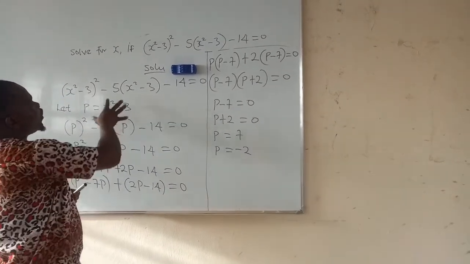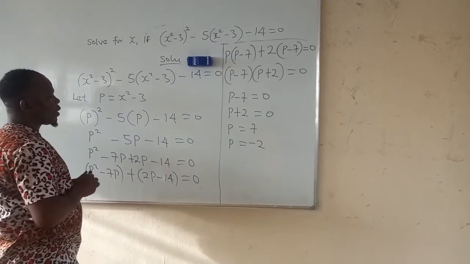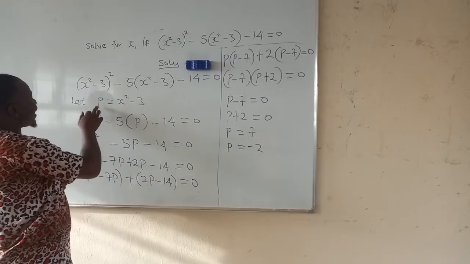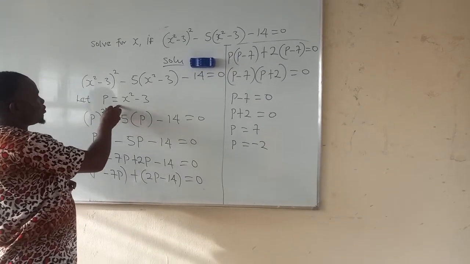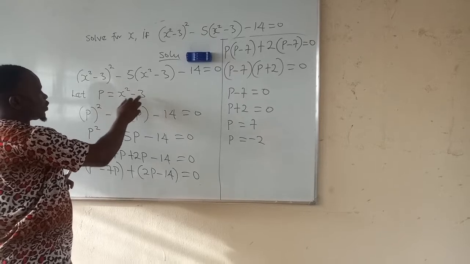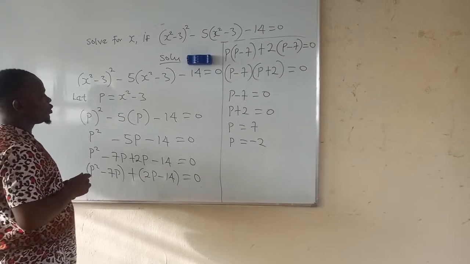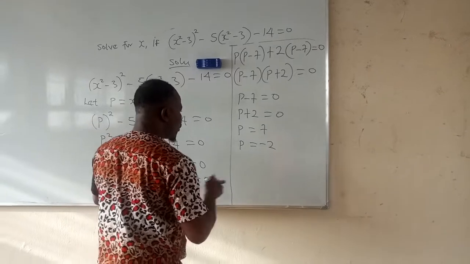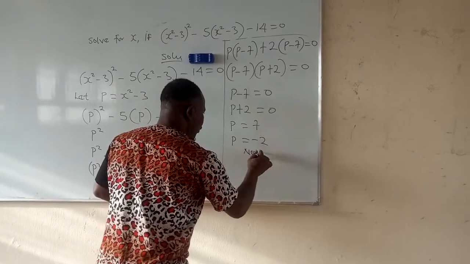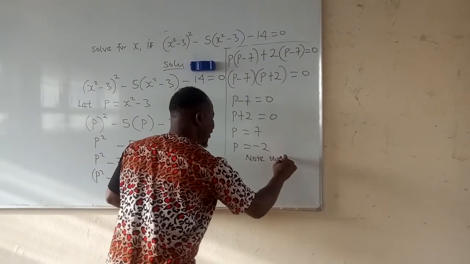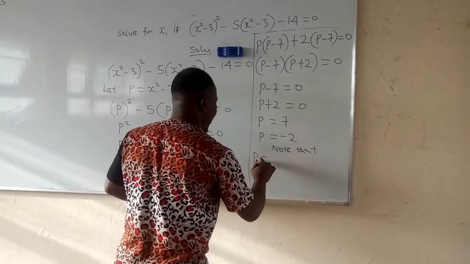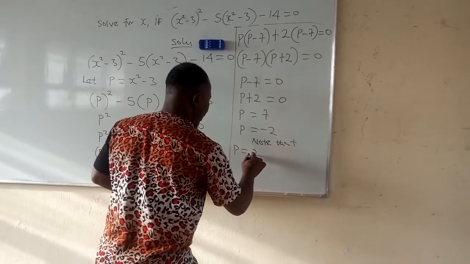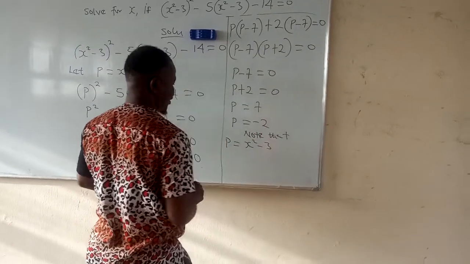Okay? So if you agree with me, we stated that let p be equals to x squared minus 3. Is that clear? Let us recall. Note that p is equals to x squared minus 3.